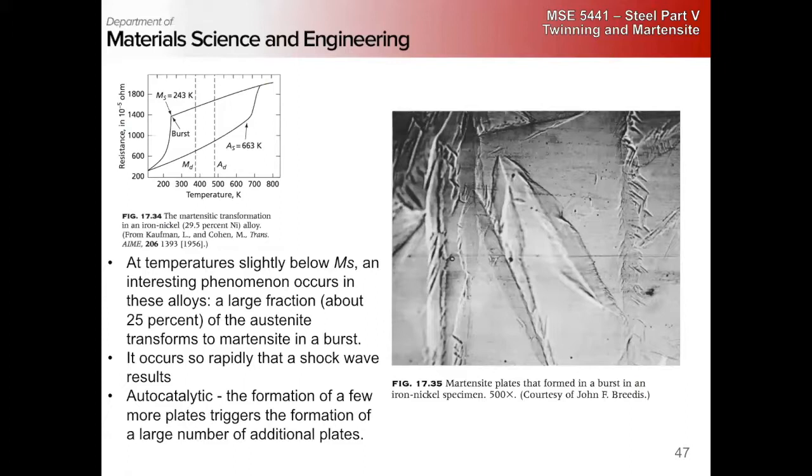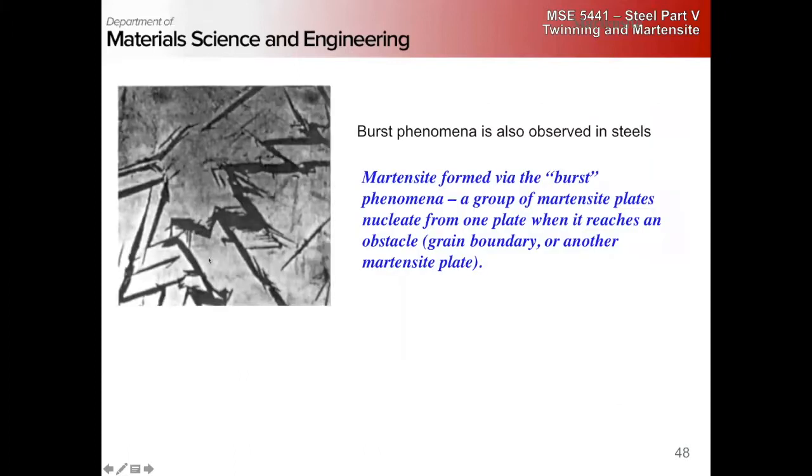You have a couple fission reactions, and those products go out and trigger a whole bunch of others, in which case you get a couple plates that form. And then you have other plates that nucleate from that plate once it reaches a grain boundary or intersects another, right? And you get these burst type phenomena, and this happens very, very quickly after you cool down past the martensite start temperature, right?